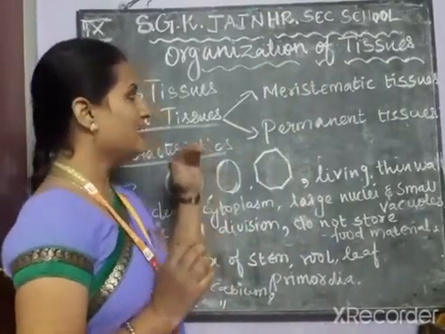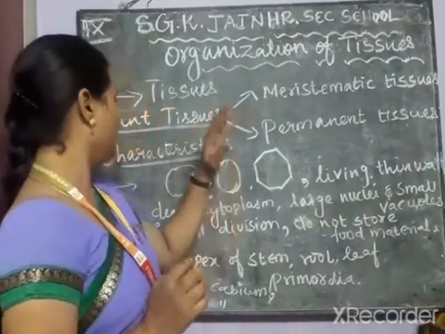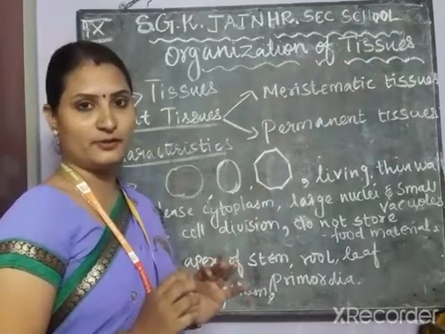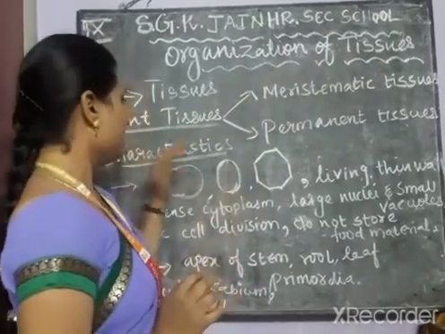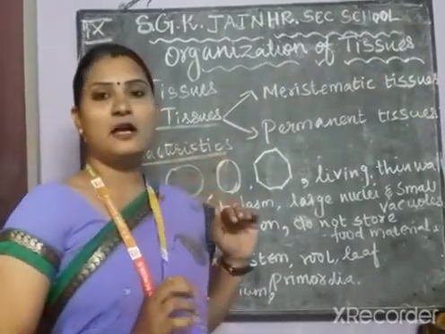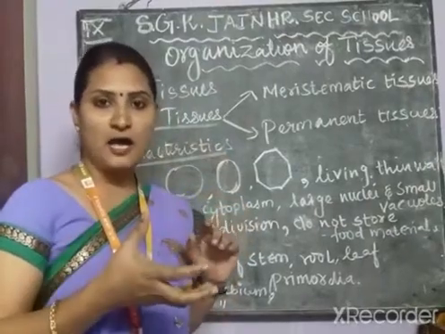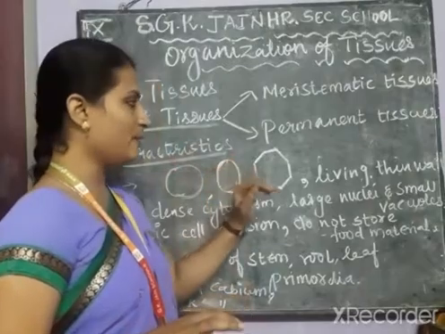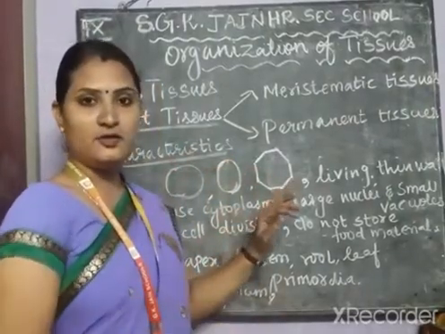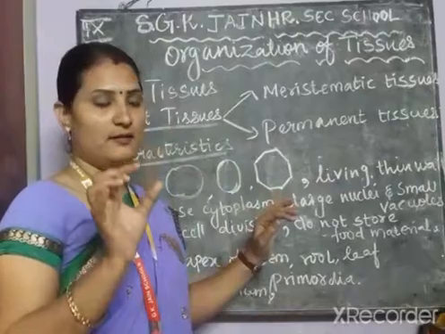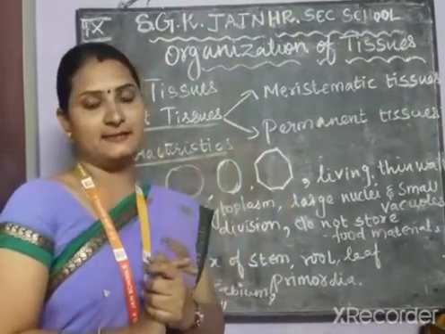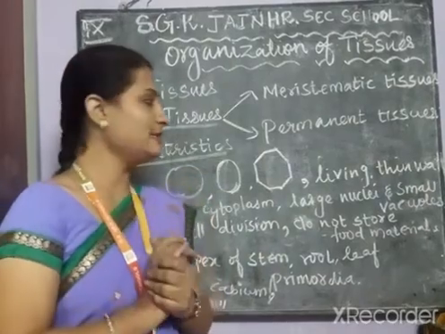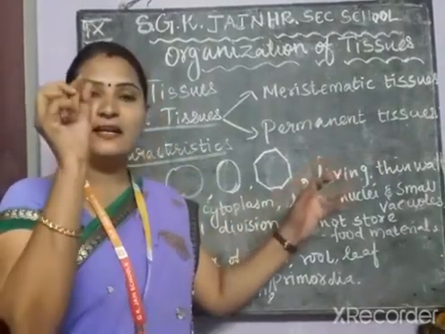Okay. What are the characteristics of meristematic tissues? These meristematic cells are round, polygonal, or oval in shape, and they are very small, living cells. The cells have a very thin wall.